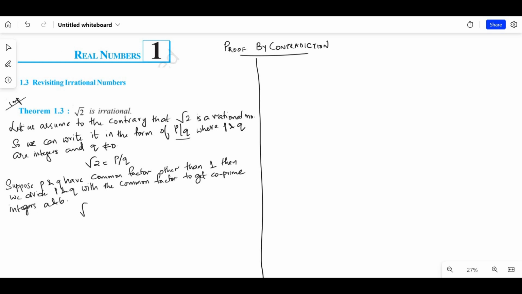So let's write root 2 is equal to A by B, where A and B are co-prime integers.